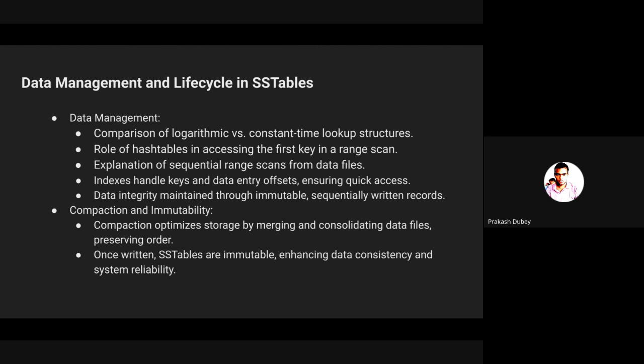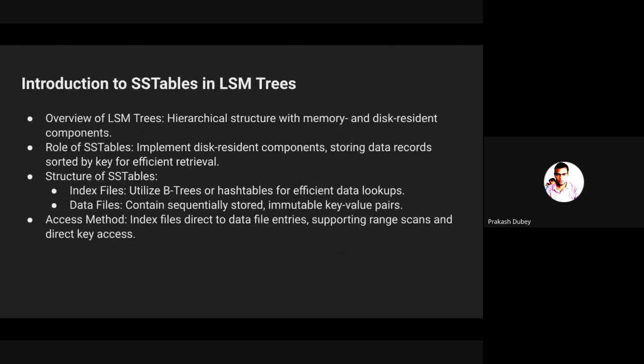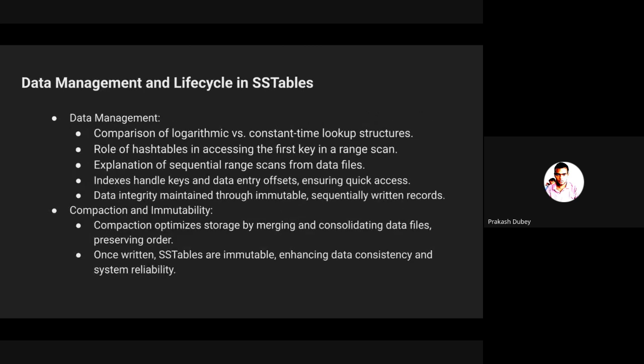So here is a comparison between a hash table and a B tree. A hash table, as we know, has a constant lookup time, and in the case of a B tree, it is always logarithmic.